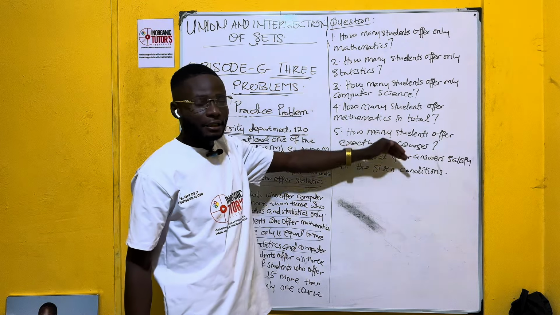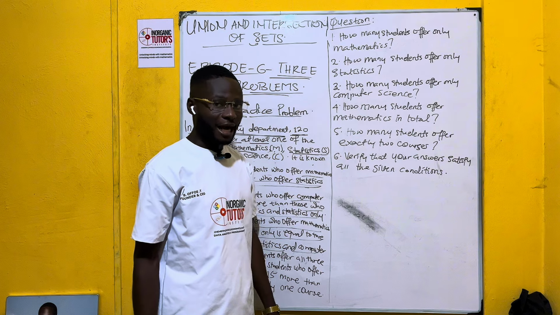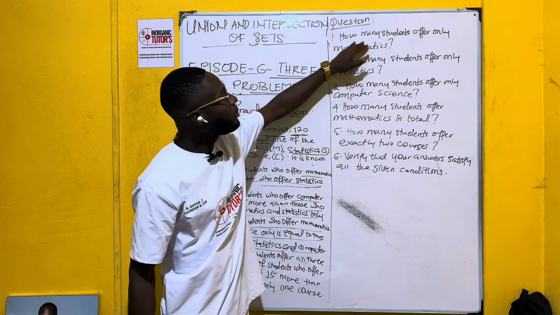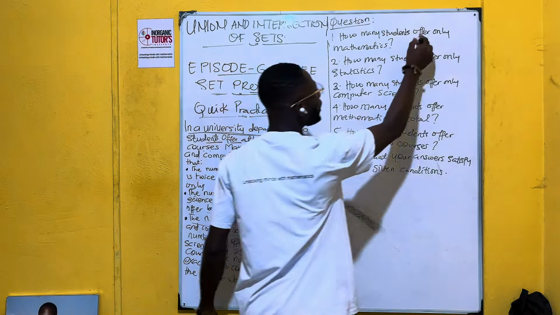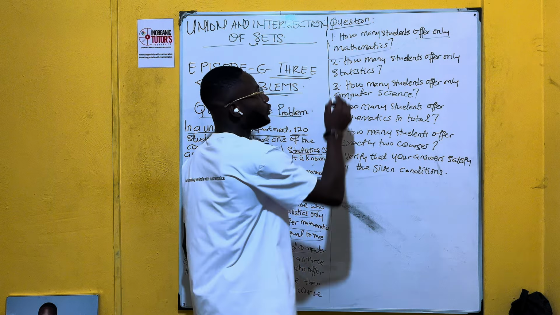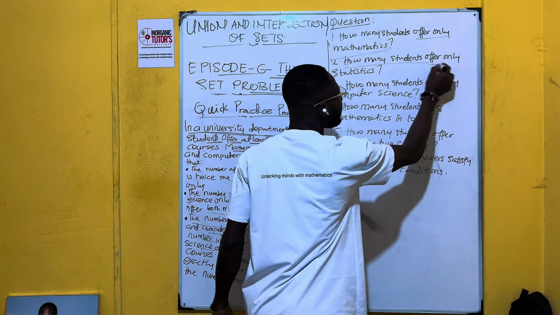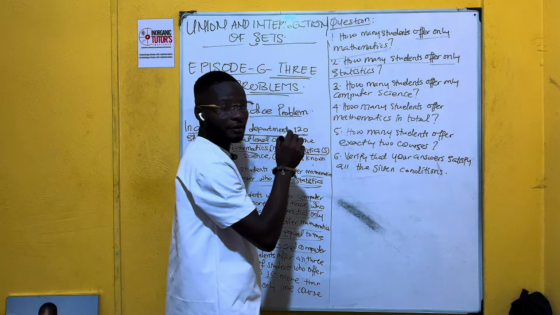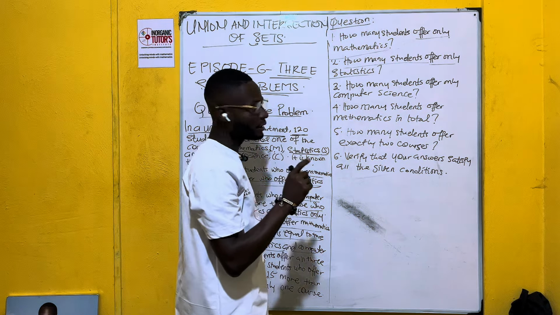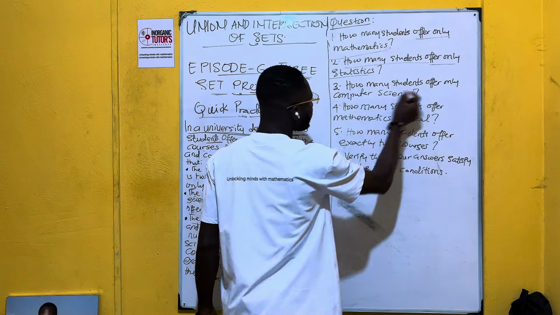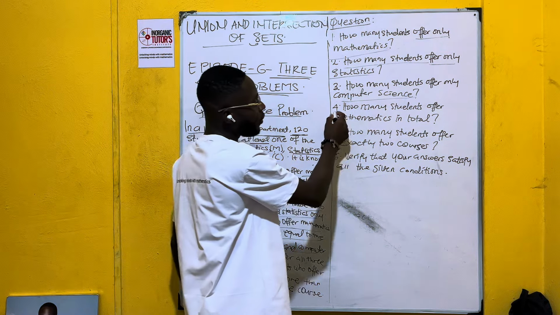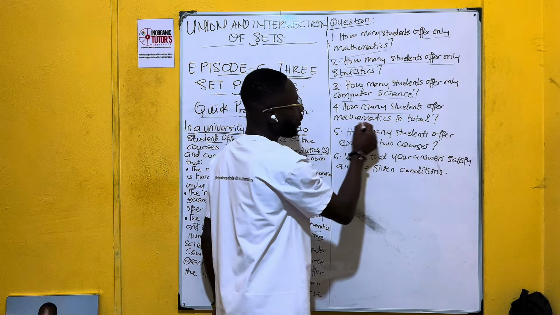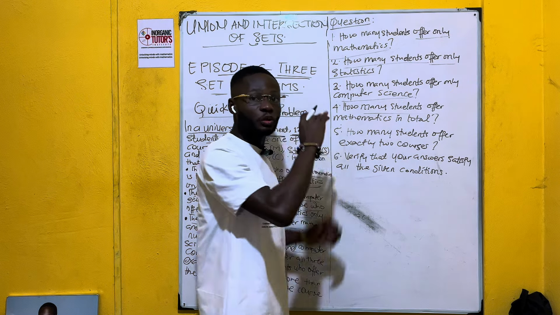Now, these are the questions that have been asked. 1, how many students offer only mathematics? So, we need only mathematics. 2, how many students offer only statistics? So, we need only statistics students. 3, how many students offer only computer science? 4, how many students offer mathematics in total?